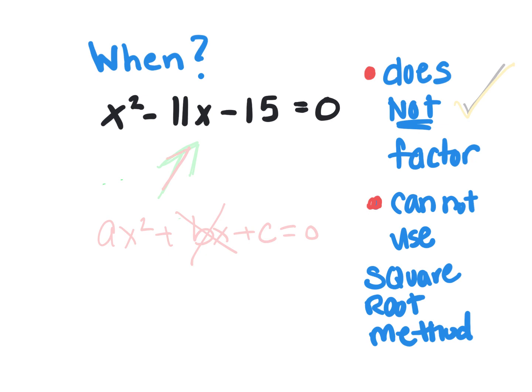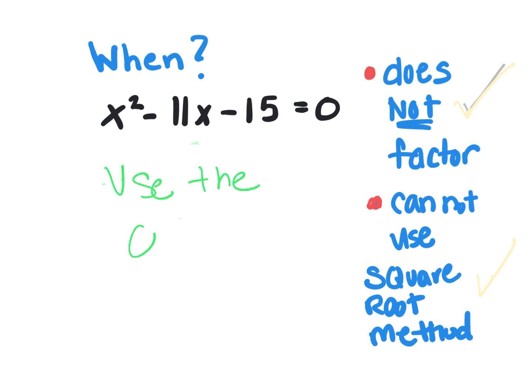And since it is present in this problem, I cannot do the square root method. And so now, since I have ruled out being able to factor and I have ruled out the square root, for this particular problem, I would have to use the quadratic formula.